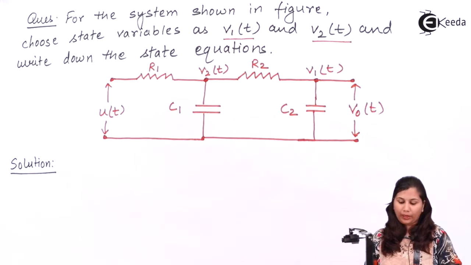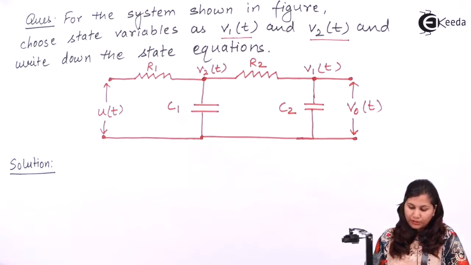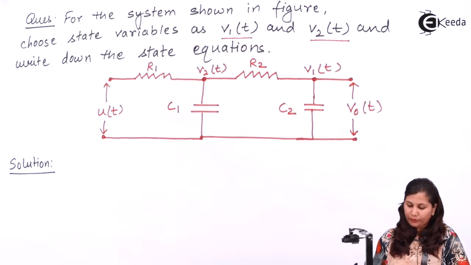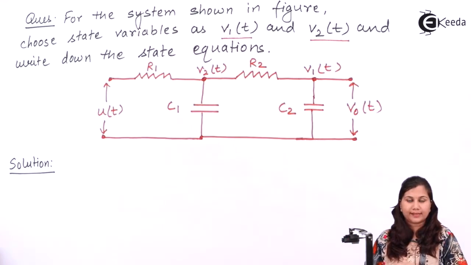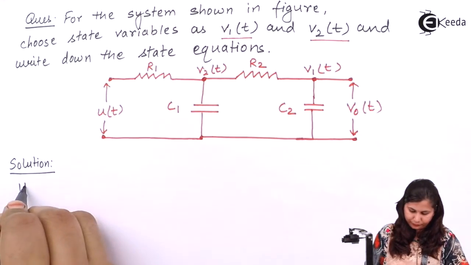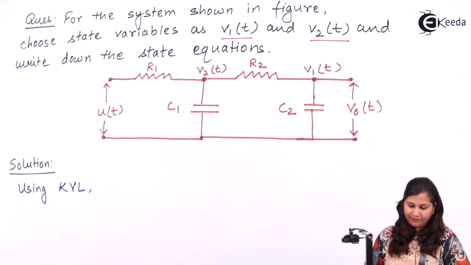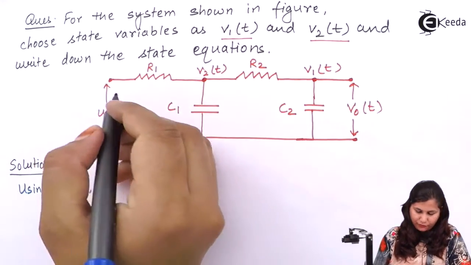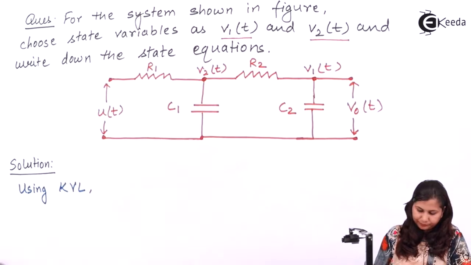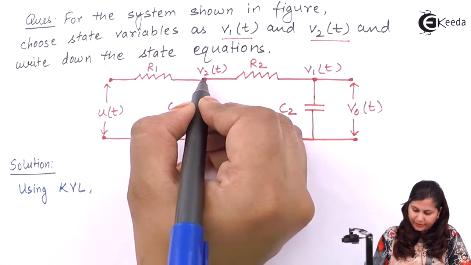First of all, we will write the equations for this system. So using Kirchhoff's voltage law, we will write the equations for this system. So using KVL, the first equation for this system is, we have here V2(t), the voltage at this node.